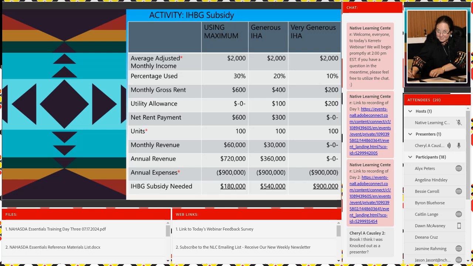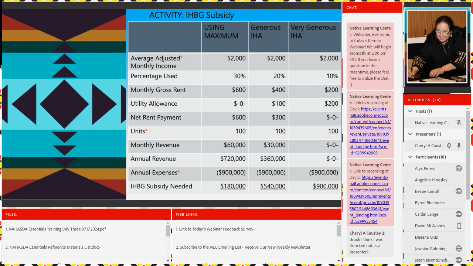Now the rent is $300. So the monthly revenue is $30,000 if they collected everything, $360,000 in annual revenue. Still got $900,000 in expenses. Now it's going to take $540,000 worth of your block grant subsidy on a yearly basis to run that 100-unit project.